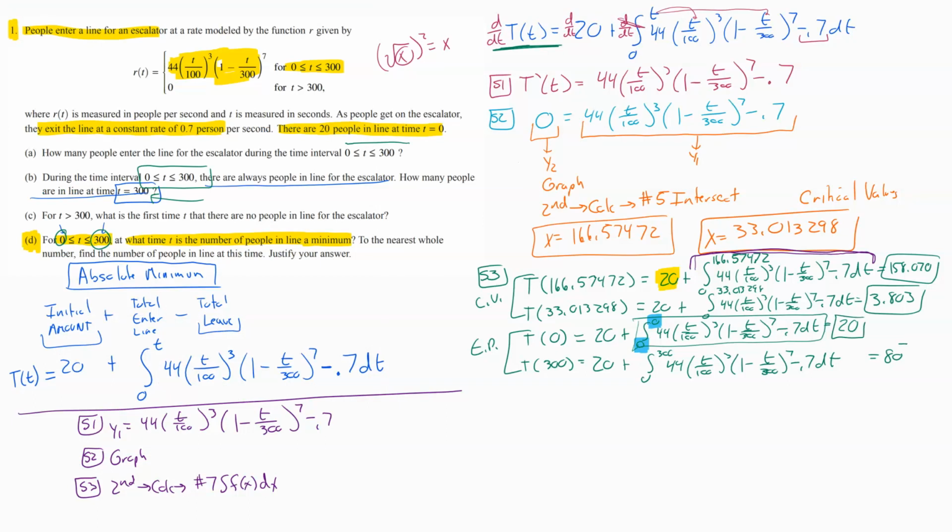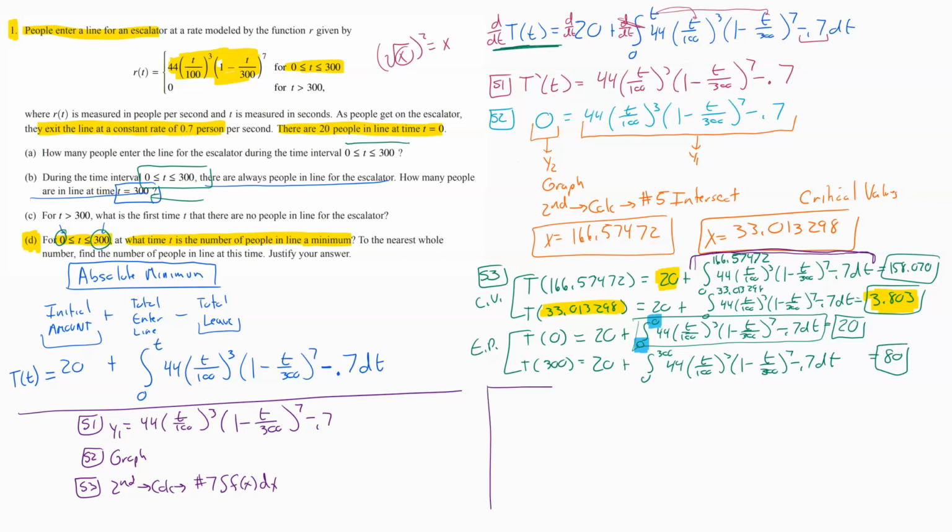So from here, we now just compare these values, and whichever value is the smallest value, that is going to be what our absolute min is. So the smallest value on this one is happening at 3.803. That's happening at time 33.013. And so what we want to do is, they want us to round to the nearest whole number.